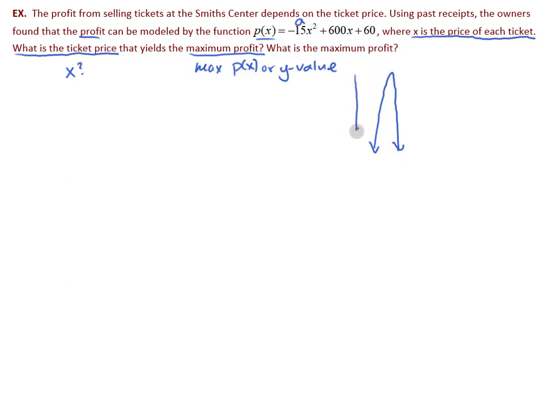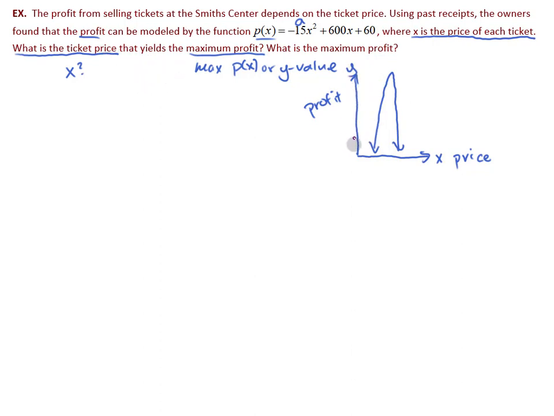And we're graphing, of course, if these were our coordinates. It doesn't matter exactly where they're at here. But x is our ticket price. Price, okay? And then our y value is our profit. So what is the ticket price that yields the maximum profit?